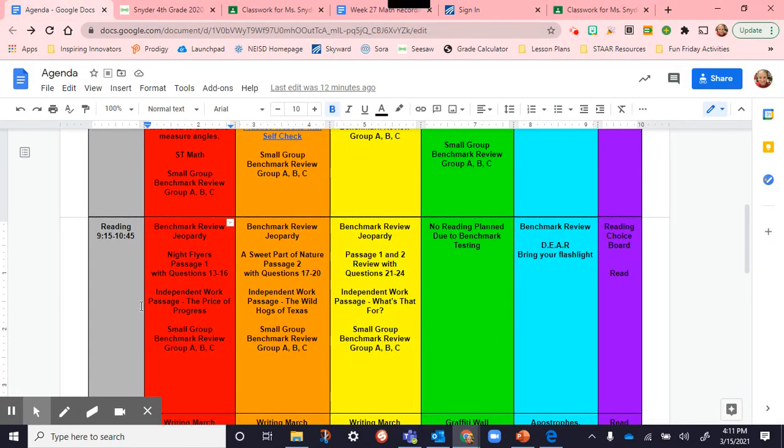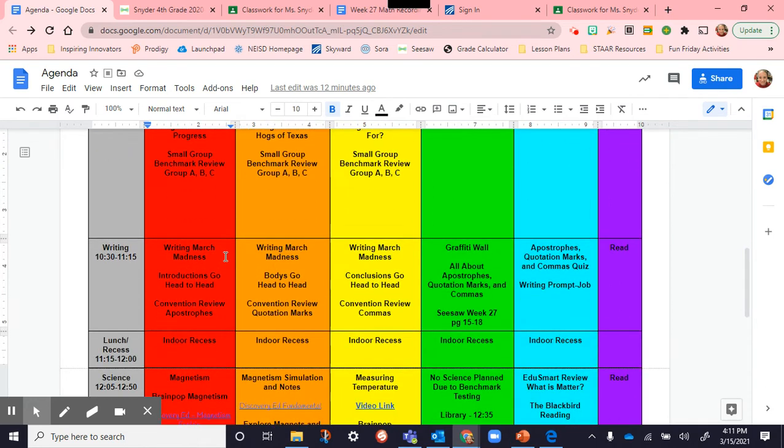Then in writing, we did our writing March Madness, to where we were going head to head with different introductions. So we had people take their introduction from their week 26 writing, and we were talking about, in an introduction, we're looking for a hook and a central idea.